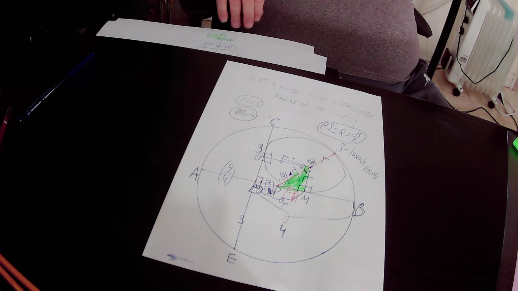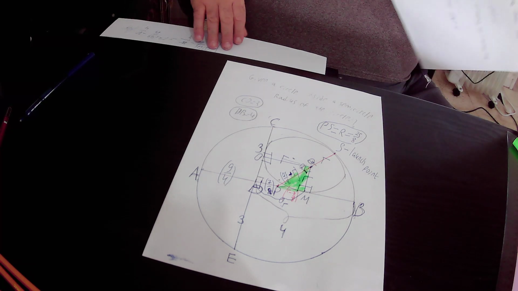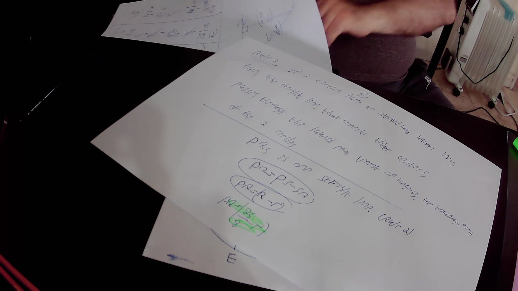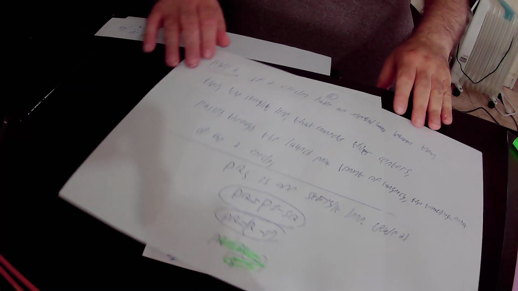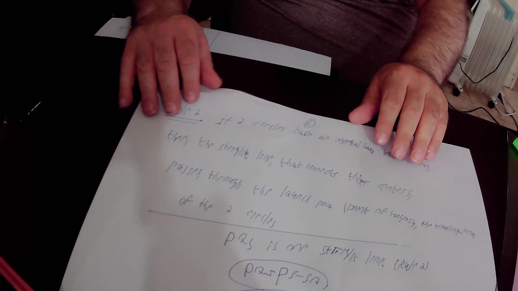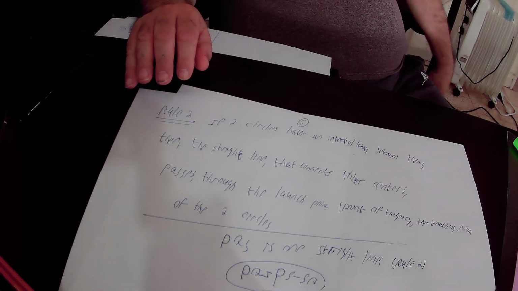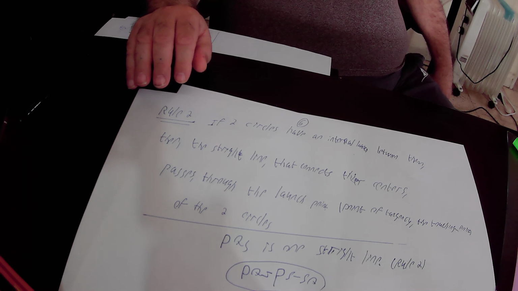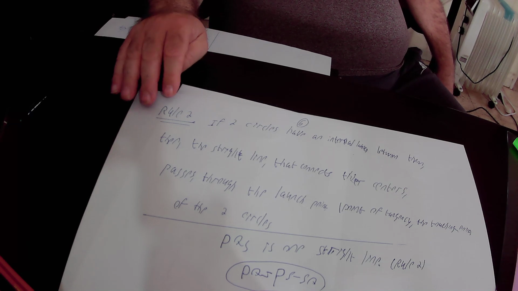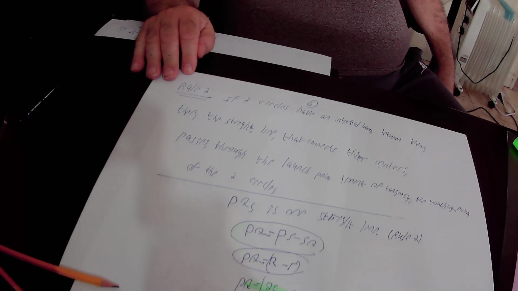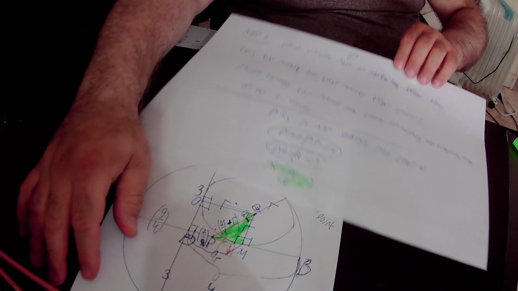Then I presented to you rule number 2. According to rule number 2, if two circles have an internal touching between them, then the straight line that connects their centers passes through the touching point of the two circles. So what is the meaning of this rule?